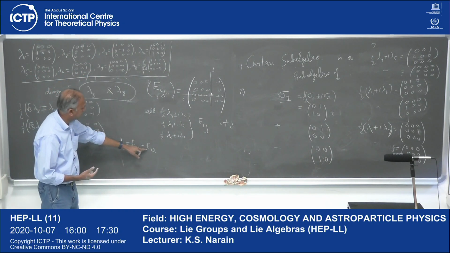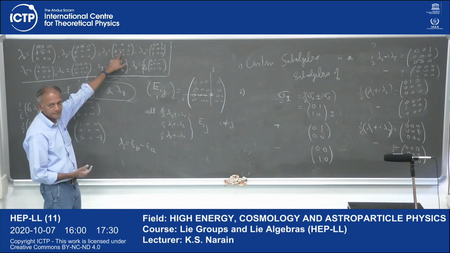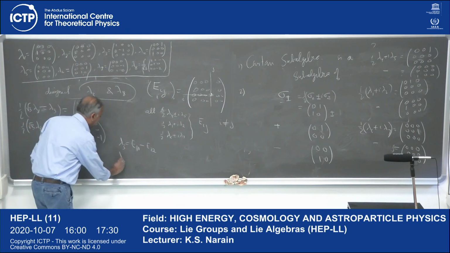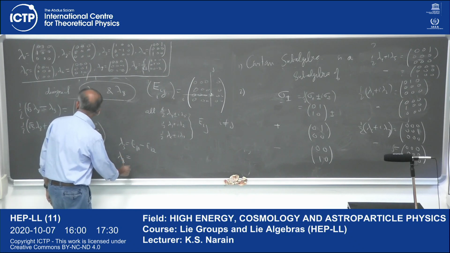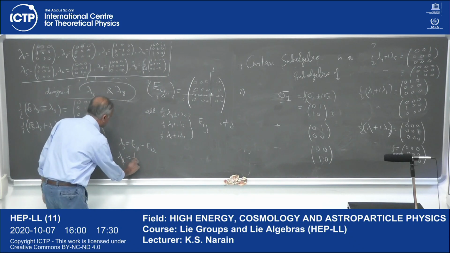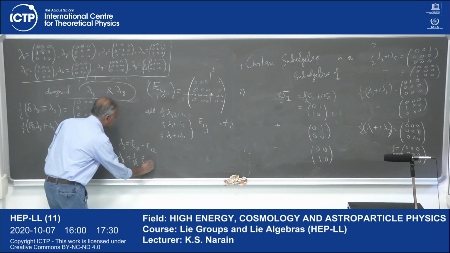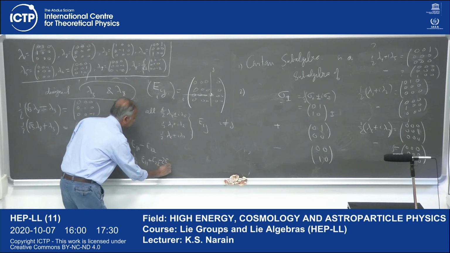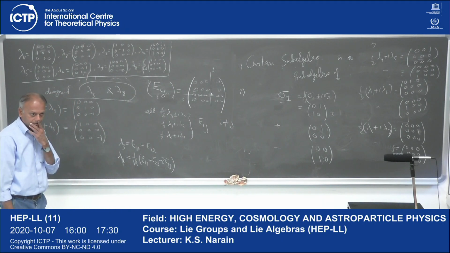And E22 has only the 2,2 element non-zero, with a minus sign, so that takes care of this minus 1. And similarly, lambda 8 is 1 over root 3 times E11 plus E22 minus 2 E33.